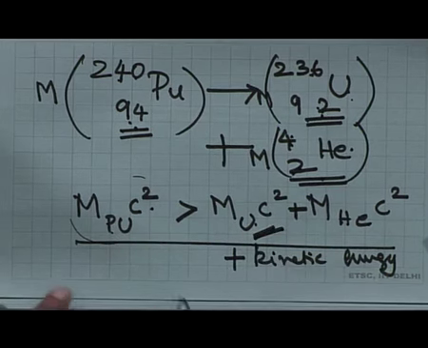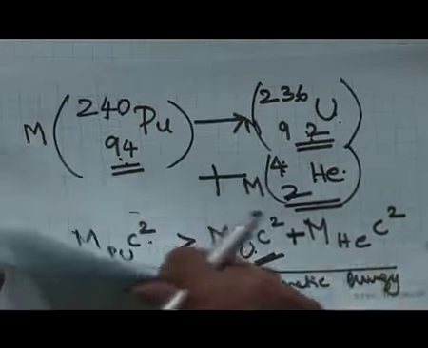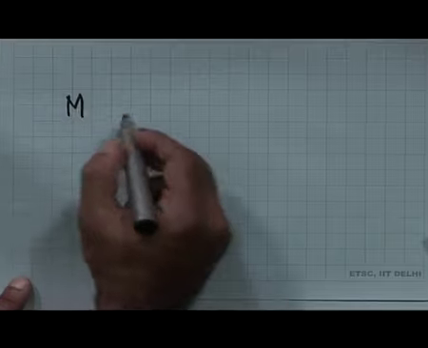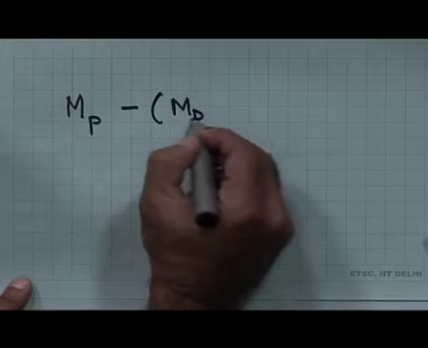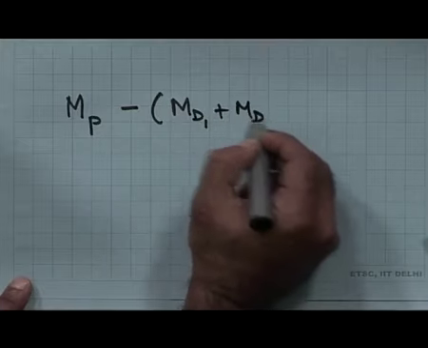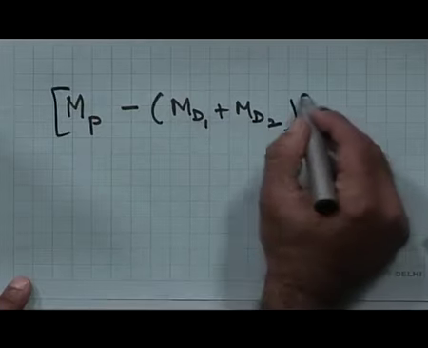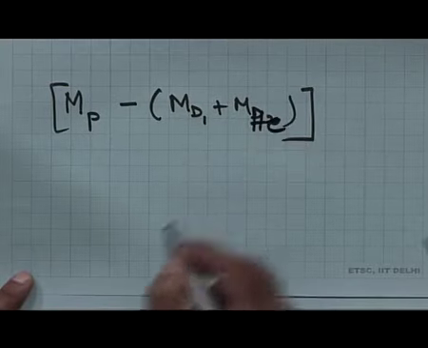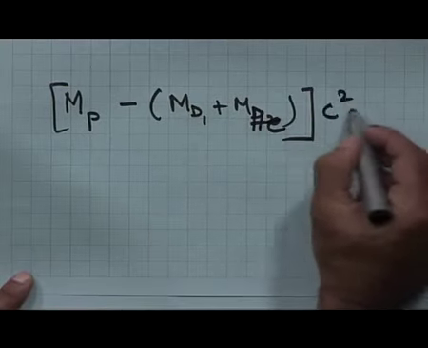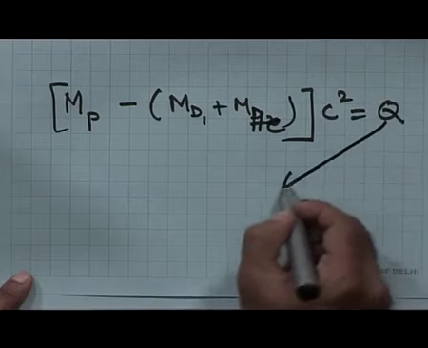And in any case, there is a jargon which you should know: M parent minus M_D1 plus M_D2. So I am writing alpha decay, right? So let me call it M helium. This multiplied by c squared is called the Q factor.